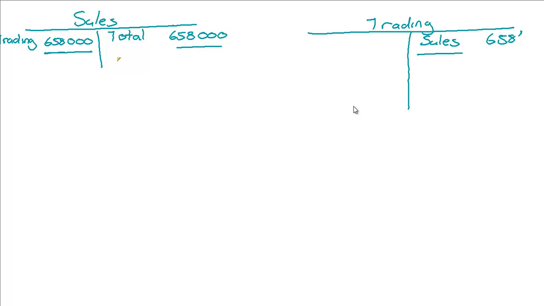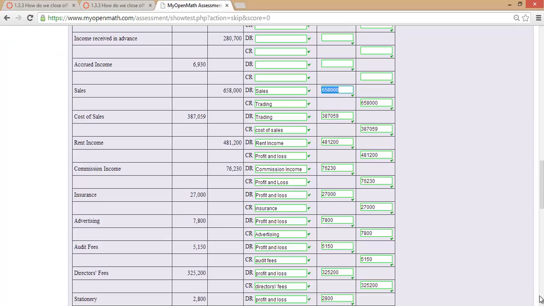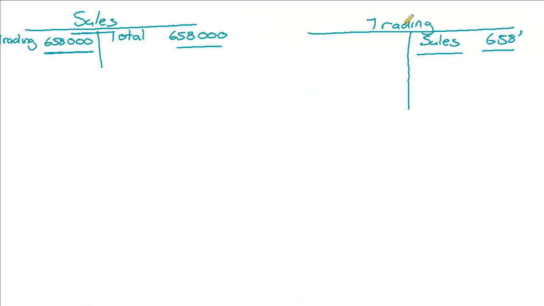Alright, so I've effectively debited my sales account with the 658 there, and I've credited my trading account with the 658 there. So if we record this as the journal entry, we're debiting the sales account with the 658, we're crediting the trading account with the 658, and we just fill in our contra account details here. This one says, maybe you can't read that, this one says trading.